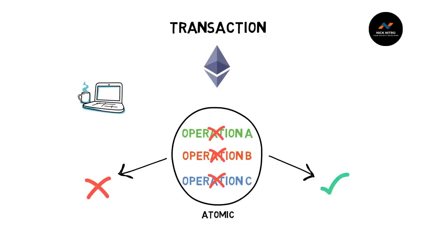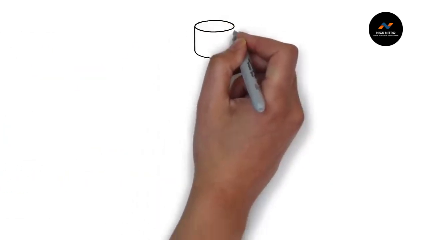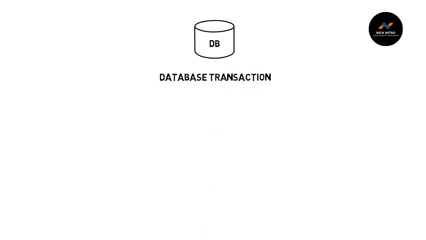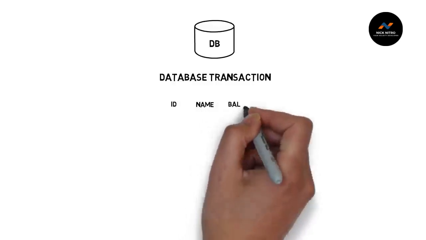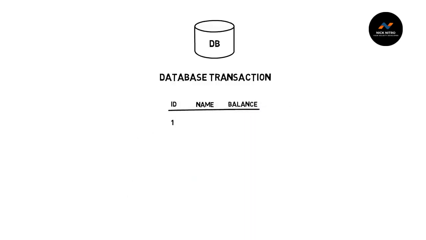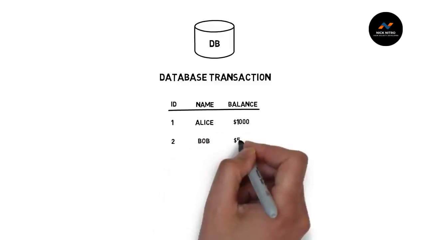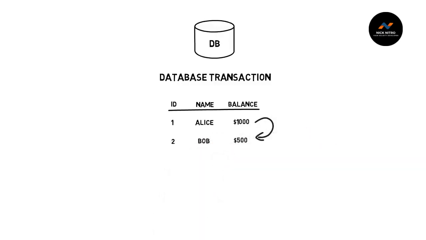Let's take a simple database transaction as an example. If you're already familiar with this concept, feel free to skip this part. Imagine a database table that represents users' balances. Alice's balance is $1,000 and Bob's balance is $500. Alice sends Bob $500.